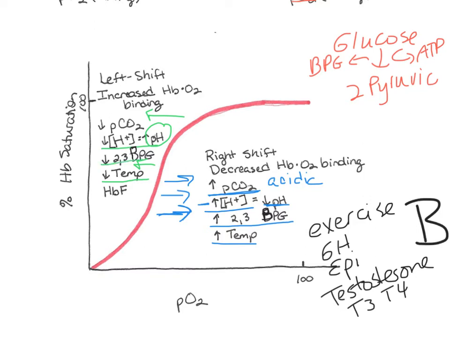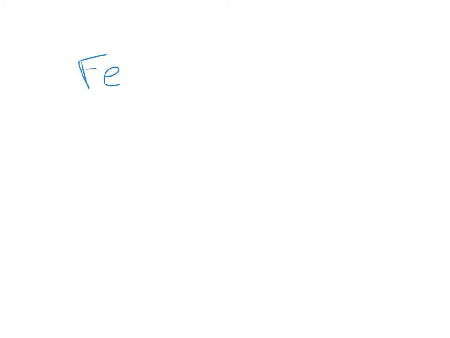Also, if we have an aging red blood cell and there's less BPG, then hemoglobin is going to hang on to that oxygen much more tightly. And fetal hemoglobin has a higher affinity for oxygen.